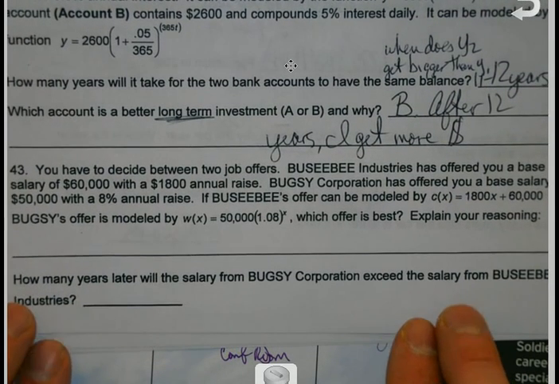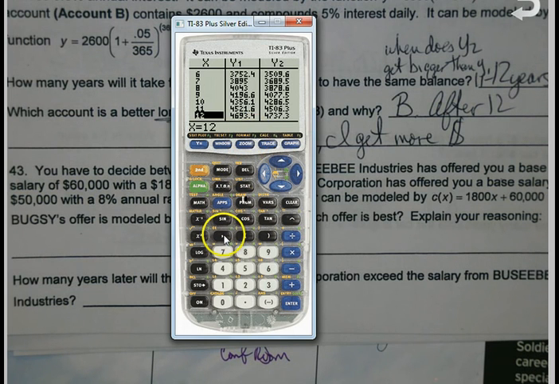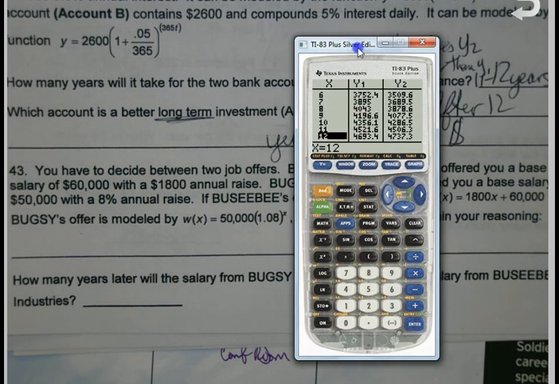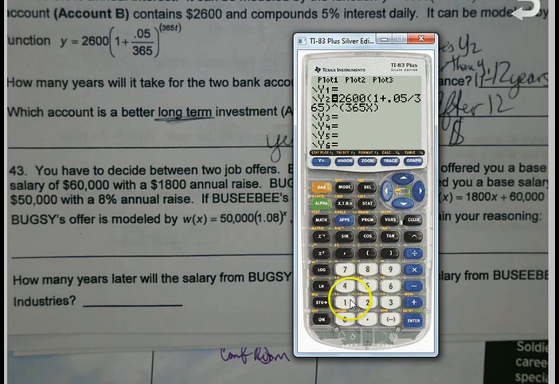Again, two job offers. One $60,000 with an $1,800 raise. The other $50,000 with an 8% raise. Give you the expressions again. So, similar to what we did in the last one, we're going to get both of these in here. Oops, I almost lost my X. That would have been a problem.